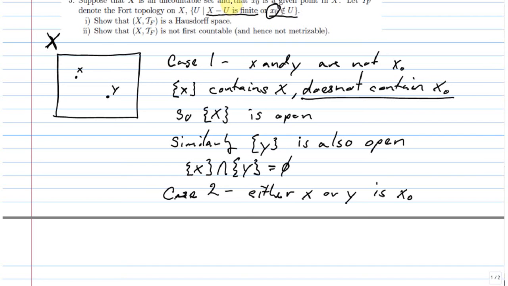If it doesn't contain x naught, then it has to have a finite complement. So just consider this set, which is big X minus y, and that certainly has a finite complement.